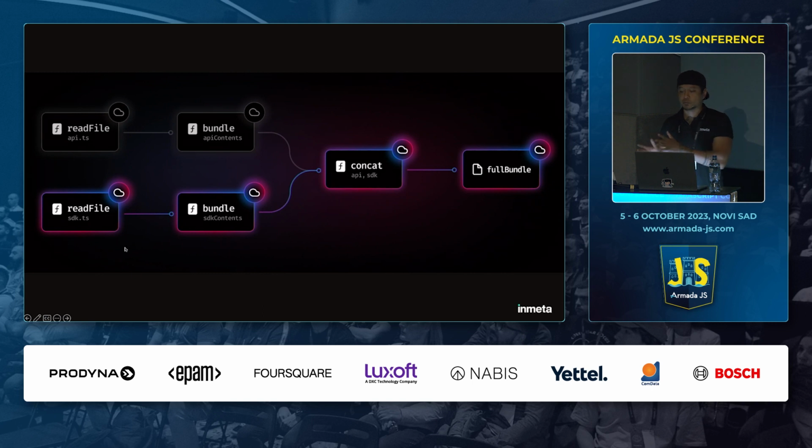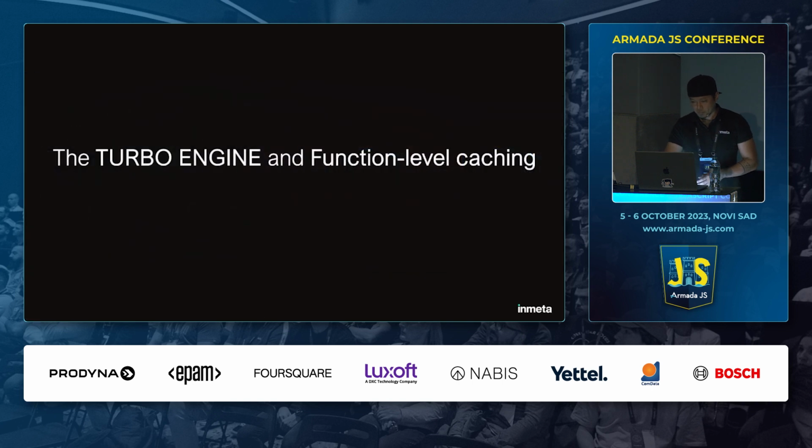And it doesn't need to read or bundle the unchanged file like this API.ts. So this is incremental computation, and the native speed of Rust are responsible for Turbopack's speed performance. And interestingly, the Turbo engine itself is not involved in the bundling process. Its main function is to save the results of the function, so caching the output.